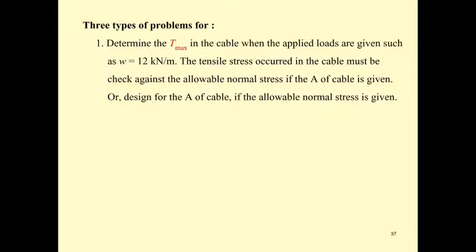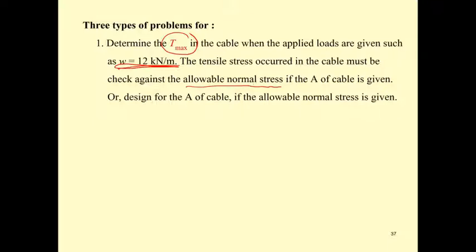First, we will find the T max in the cable. When we find the T max, we are going to know the applied force. And then after we find the T max, we also can design the cable by using the allowable normal stress.